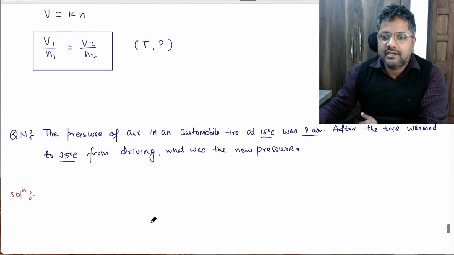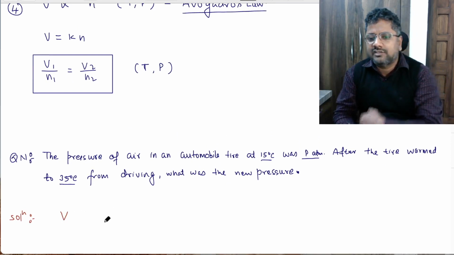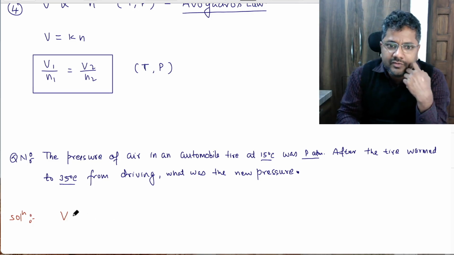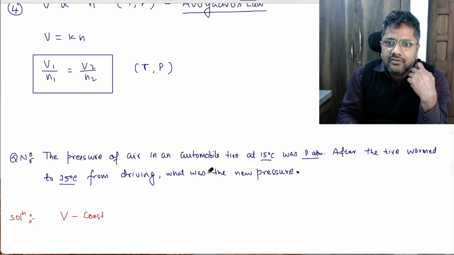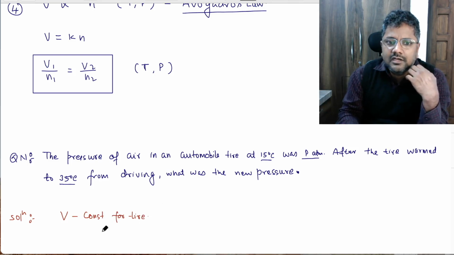See, can we assume the volume of the tire is constant? Yes, we can assume, because there is not much change in the volume of the tire. It is a rigid structure. So V is constant for the tire, and n is also constant.